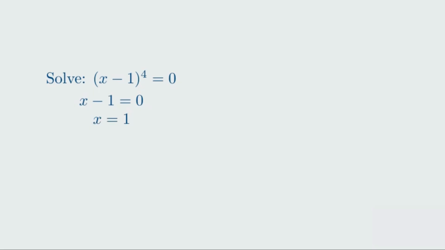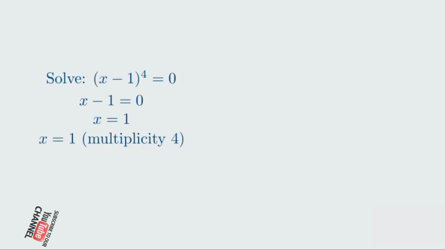According to the fundamental theorem of algebra, a fourth-degree polynomial should have 4 roots, counting multiplicity. Our equation explicitly shows that the factor x minus 1 appears 4 times. This means x equals 1 is a root with a multiplicity of 4. This means x equals 1 is not just a solution, it's a solution that counts 4 times.